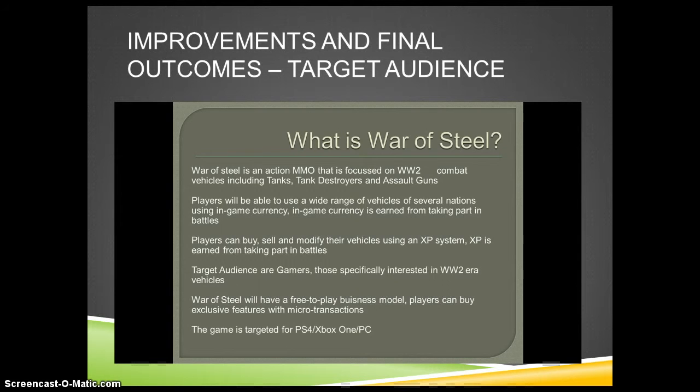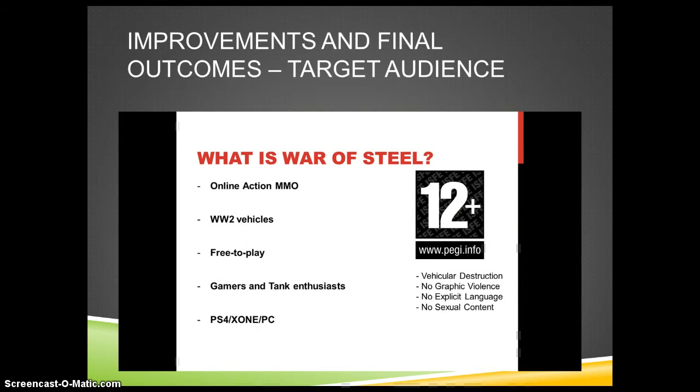Well, for Task 4 I've improved this as part of my new pitch that I created. As you can see, I've included a PEGI rating, which I predicted to be a 12 plus for this game, and I've also mentioned why I think that in this slide. So for example, I've mentioned that the game has got destruction, but it does not contain any graphic violence, explicit content or any sexual content, so that's why it is 12 plus.